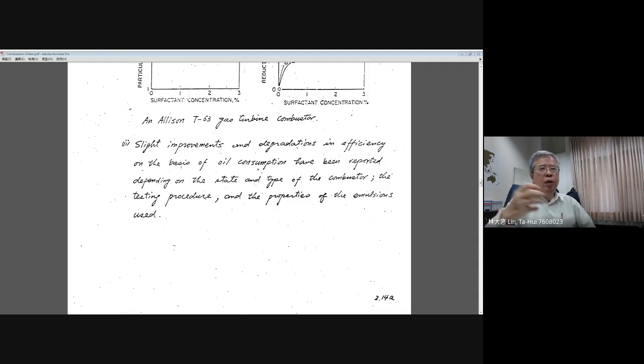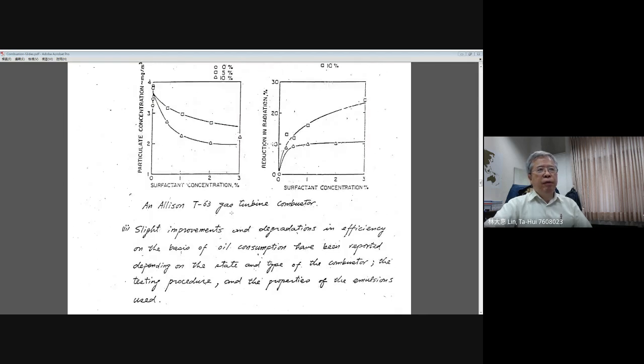For the overall power output, you will find you need to add more oil, so oil consumption may be increased, and this depends on different kinds of combustor and test procedures. Actually, those are the influences coming from the water.